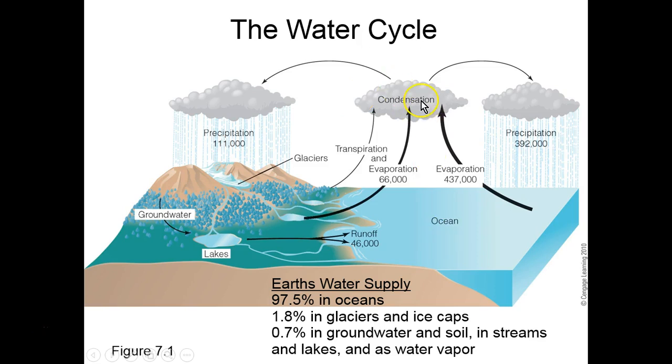That rain could fall back on the ocean, or it could fall on land. If the rain falls on land, depending on how cold it is, it could add to glaciers on land, or it could just be rain that flows into lakes and can seep into groundwater, and eventually the water will run by way of rivers back to the ocean again. So in this way, water cycles between the ocean, the atmosphere, and the land, and back to the ocean again.